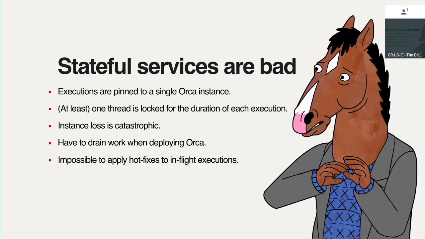One of the things we found was that we couldn't even red-black Orca. A typical deployment at Netflix is to create a new server group, enable all the instances in it. As soon as they're healthy, disable the old server group and leave it around for a certain amount of time so that we can roll back very easily. And that was impossible in Orca because we had to drain work off it. So we ended up with this elaborate system where we could have a bunch of old server groups running for days and days after we'd rolled new ones out with updates.